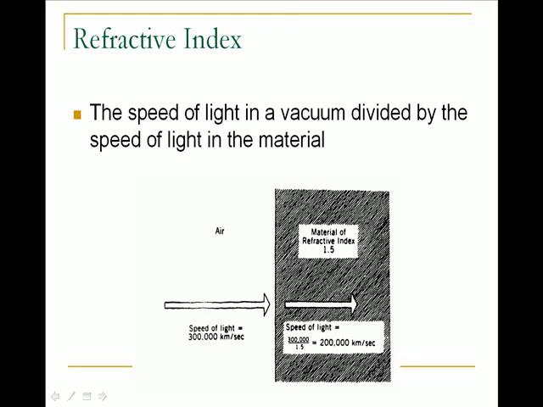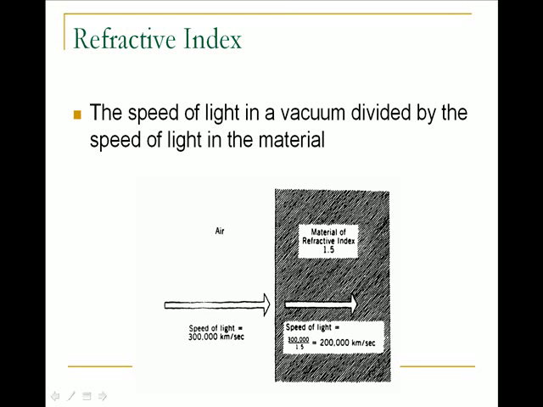So we can divide the 300,000 kilometers by 200,000 kilometers, and we get a refractive index of 1.5. The speed of light in this particular material is less than the speed of light in air, and the difference between them, the index, is 1.5.